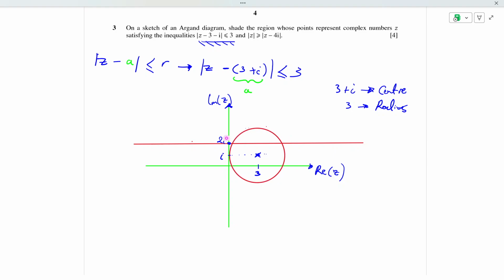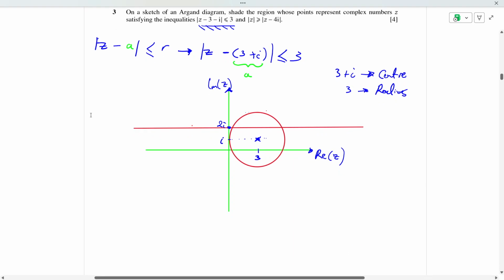You draw your circle using your compass. And then you locate 2I on the imaginary axis, and then you draw a straight line with a gradient of 0. The question is, why am I going to 2I?